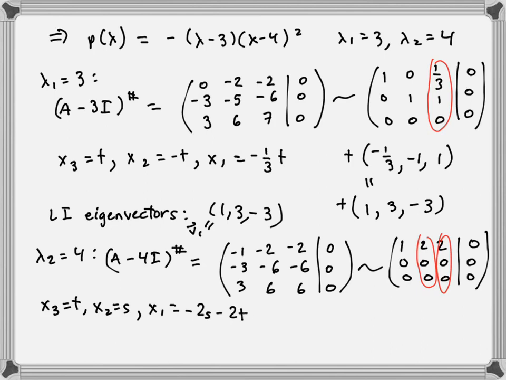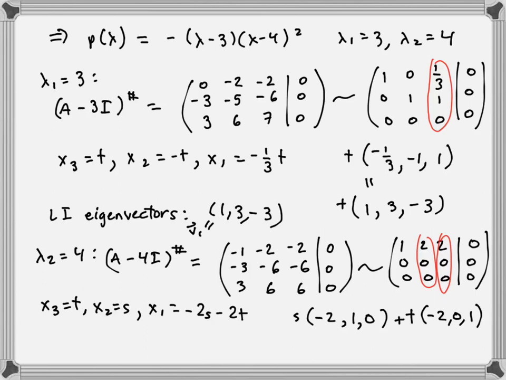So what does this look like? This looks like, let me write it as s first. We get s times negative 2, 1, 0 plus t times negative 2, 0, 1.